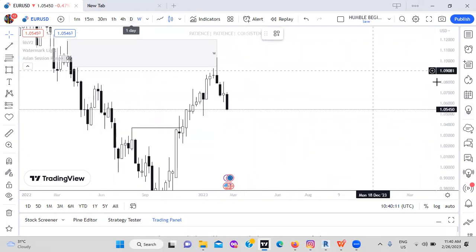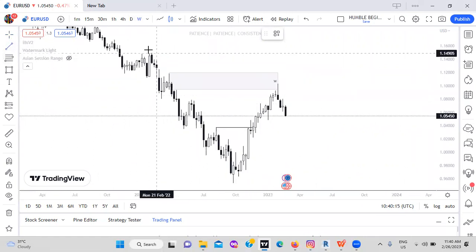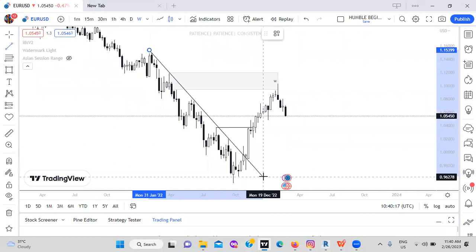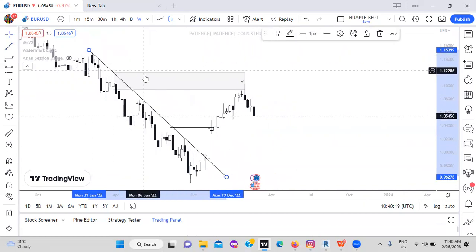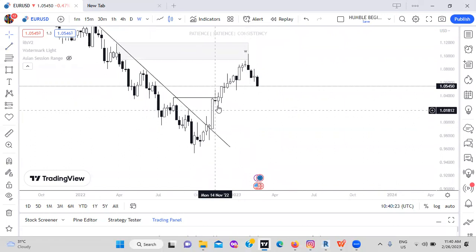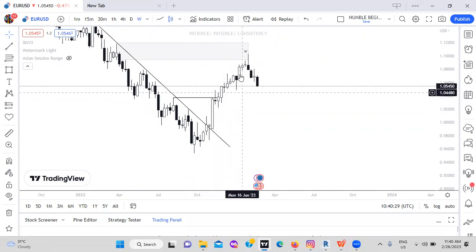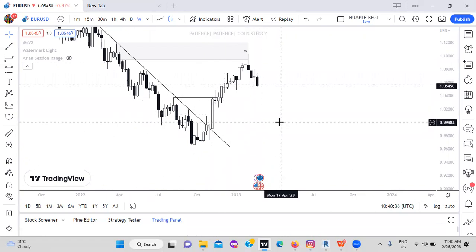I think now we can scale down to the daily time frame. But before we do that, let's take a real quick look at this. For those of us who use trend lines, we can clearly see that this trend line has been broken. We see some sort of a retest, and for the retail traders in the house, another retest, and potentially we could see price get lower.